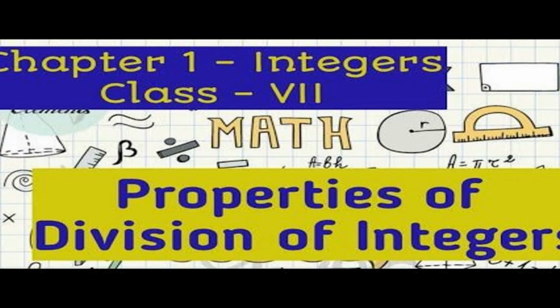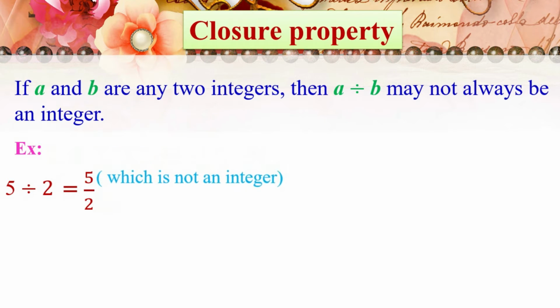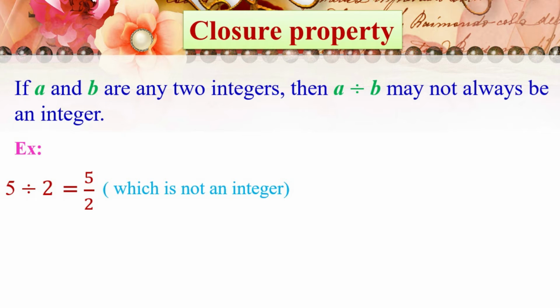Let's see properties of division of integers. Let's see closure property. If a and b are any two integers, then a divided by b may not always be an integer. Let's check it. Example: 5 divided by 2, which is not an integer, because when we divide these integers we get a decimal number only.